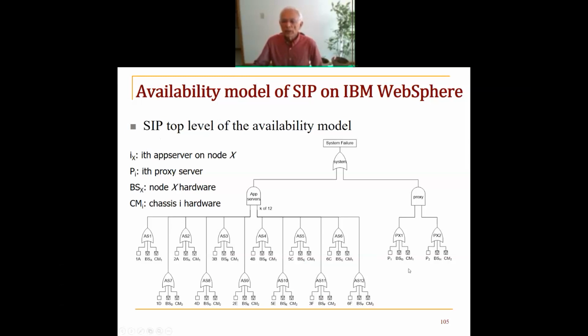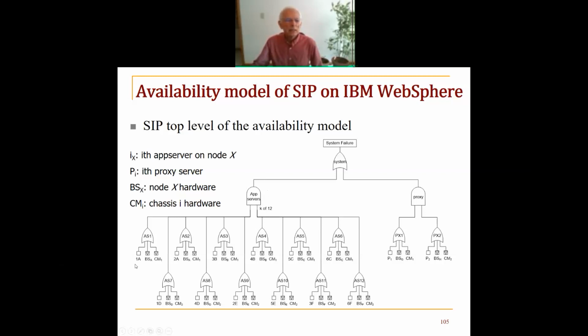Notice also that the chassis common for CM1, on which other blade servers on which application servers are located, is here. So this is a repeated node, a repeated event. All of them are submodels though. So anyway, it's very easy to see this portion of the fault tree.